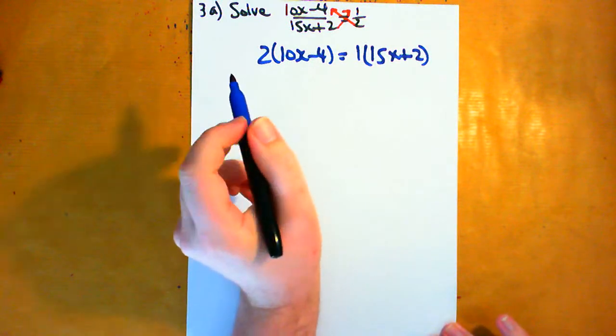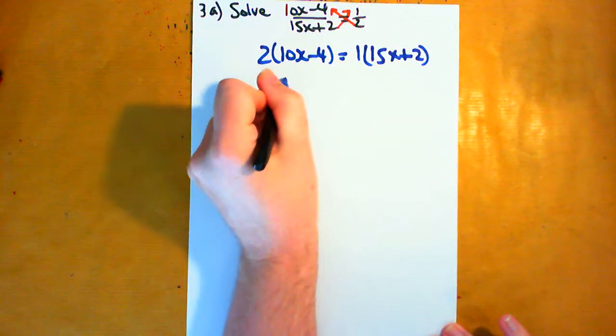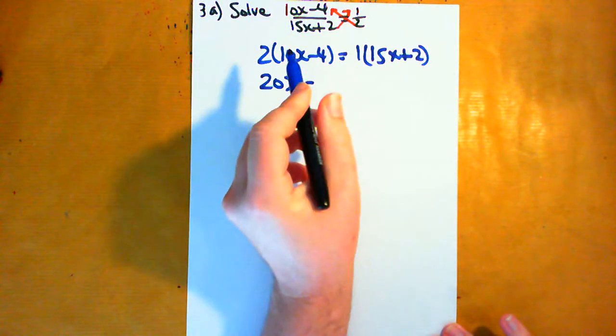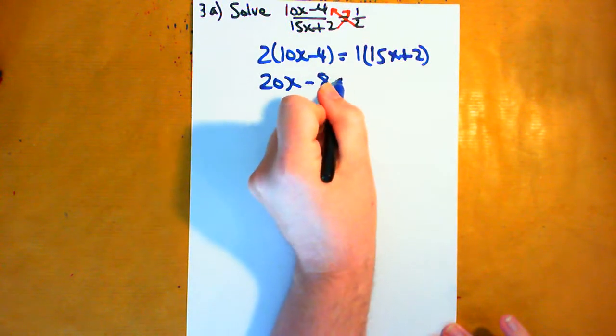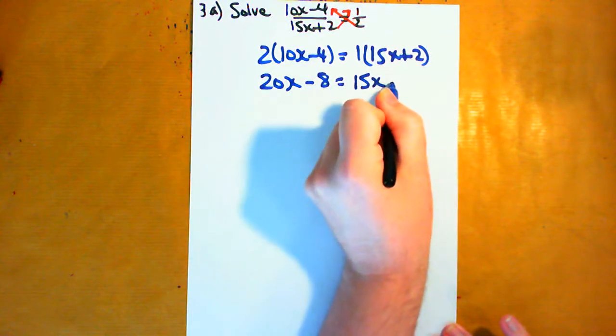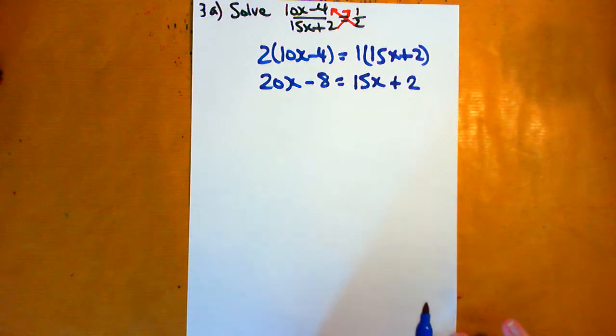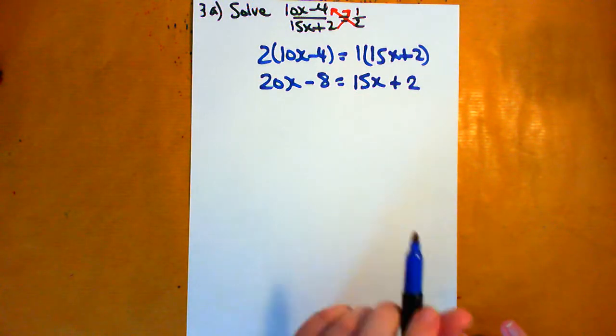Multiply the 2 into this bracket. That will give you 20x minus 2 times 4 is 8 equals 1 times 15x plus 2. To solve this, we want all of the x terms on one side of the equation and everything else to the other side.